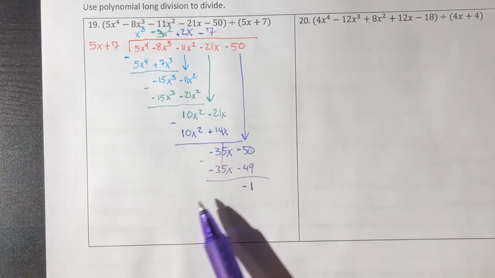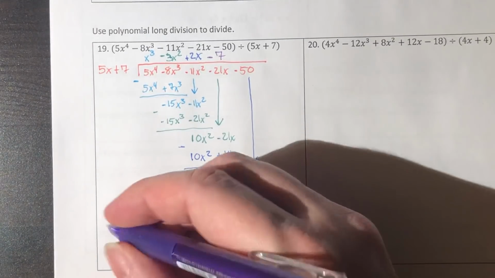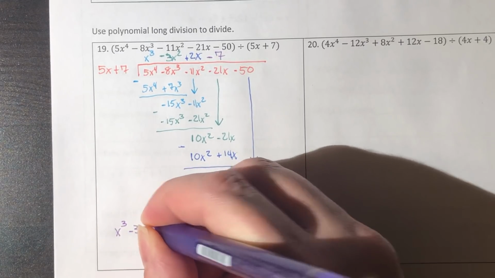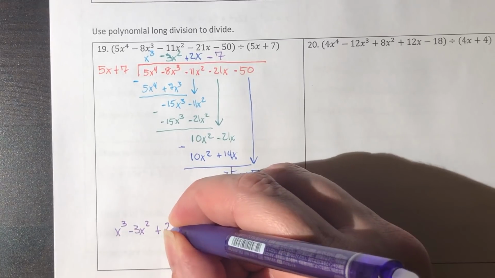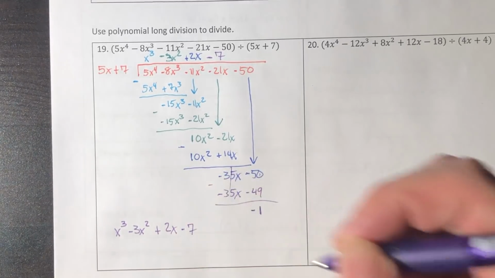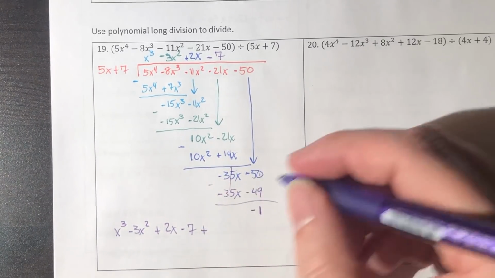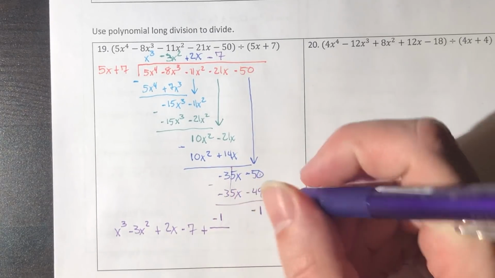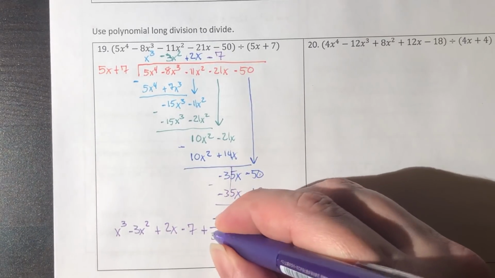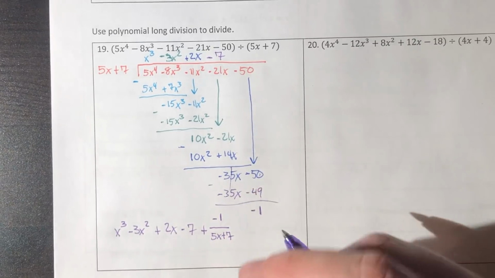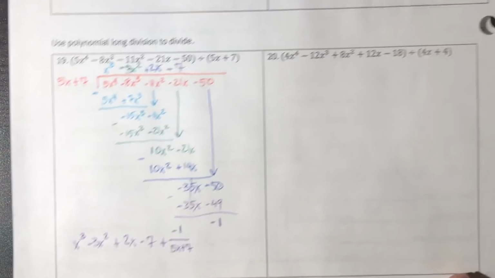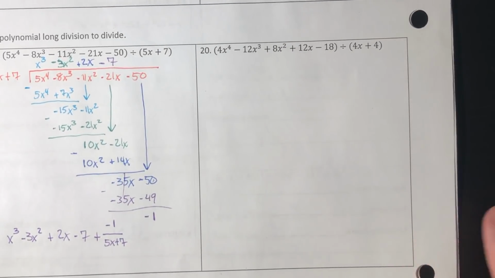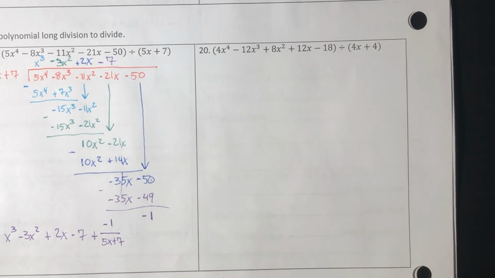So in total, that's going to give me x cubed minus 3x squared plus 2x minus 7 plus, and then I have that remainder, so negative 1 over whatever I was dividing by, 5x plus 7. Okay, so there are still a few on here for you to work out and be able to finish so you can be ready for the test.